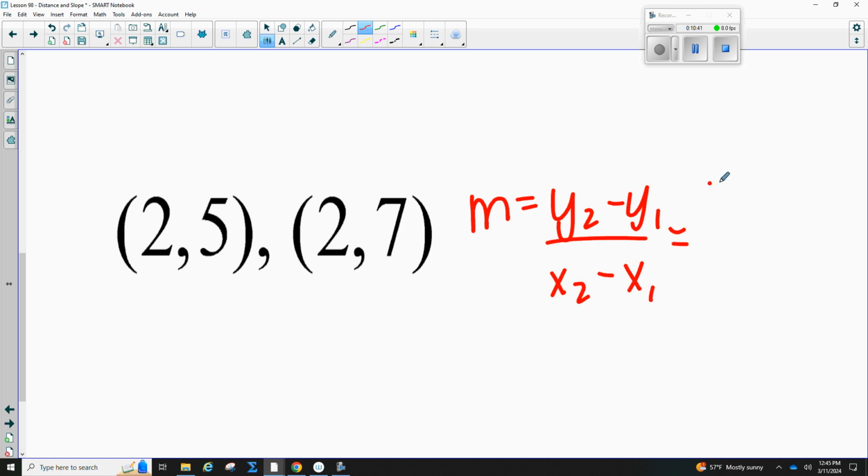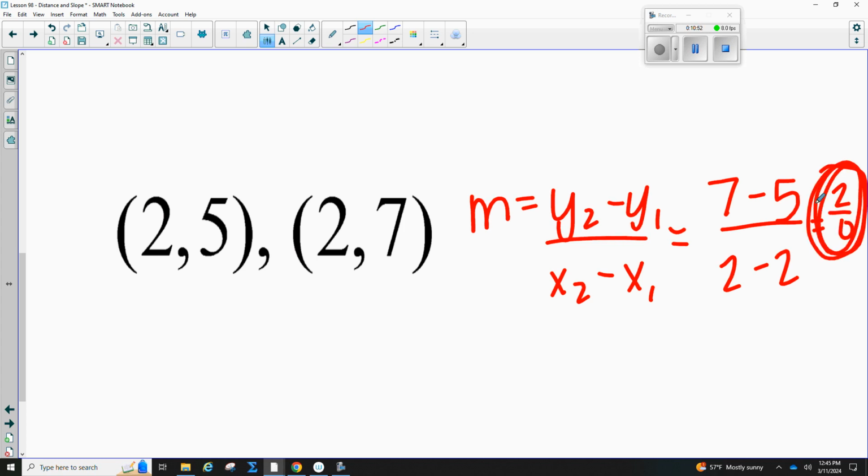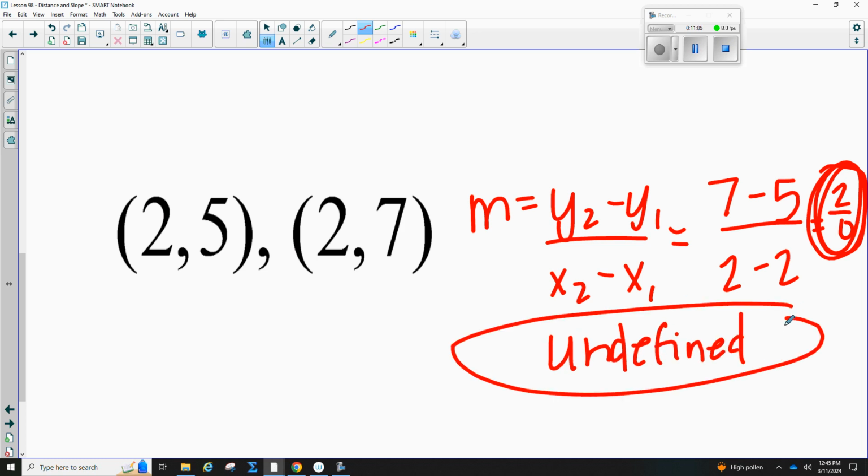What's the second x? And we have minus the first x is 2. So we get 2 over 0. Uh-oh. Can we have 0 in the denominator? No. You have to memorize this lovely word: the slope is undefined. It is undefined when you have 0 in the denominator.